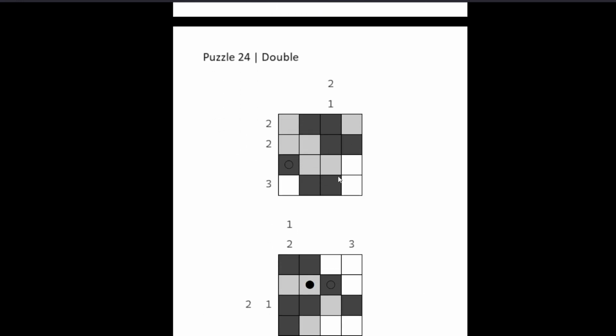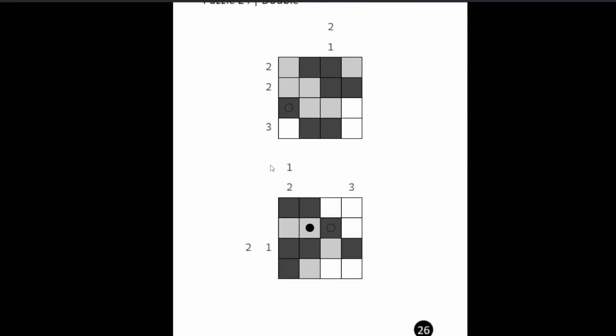Okay, I've done most of these clues. Okay, black. There's lots of options for black. Well, no. Okay. No, never mind.